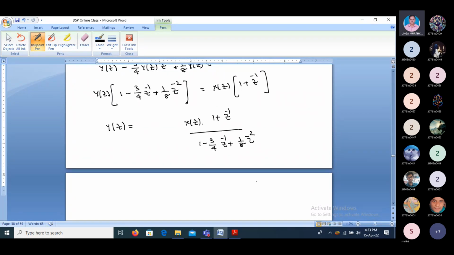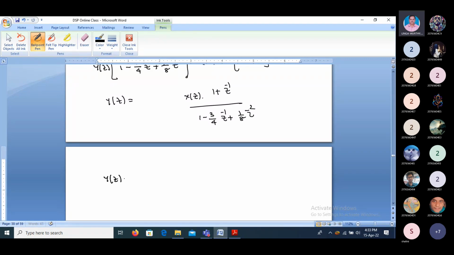What about the x of z here? Before substituting x of z, first convert into positive powers of z, because we need to find the y of n here. For the partial fraction method, we need to convert into positive powers of z. It is the easiest manner. So z power of minus 2 is common for the denominator here: z square minus 3 by 4 into z plus 1 by 8.